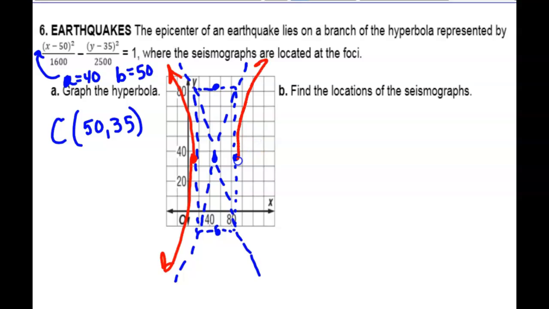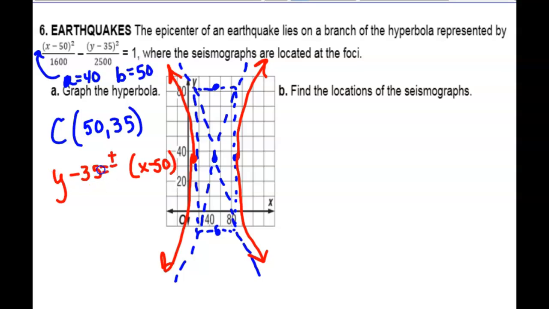And over here. Do we need practice finding the rest, like asymptotes? Would be y minus 35 and x minus 50.